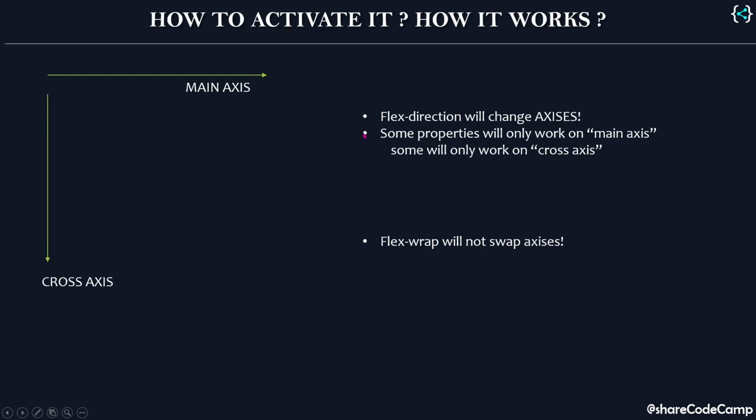Also, the other main thing that you have to know is that some properties will only work on the main axis and some only work with the cross axis. Flex wrap usually gets confused with flex direction, but they are different. Flex wrap will not swap the axes, meaning it cannot swap them. Alright? I will explain them in detail.